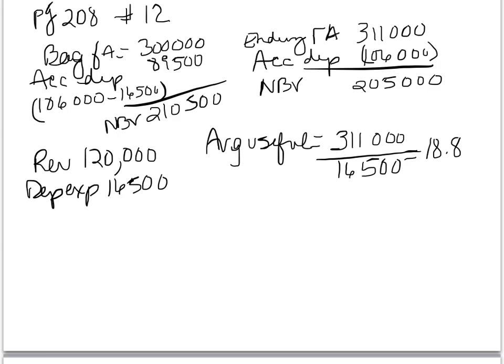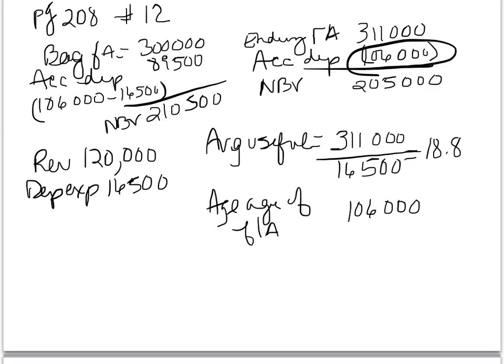The average age of the fixed assets is going to be the 106, which is the accumulated depreciation, divided by the depreciation for the time period, which gives us 6.4 years.